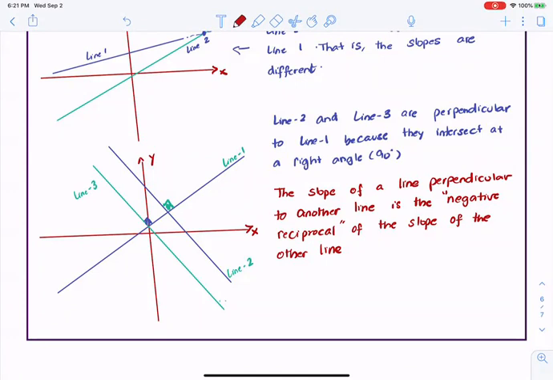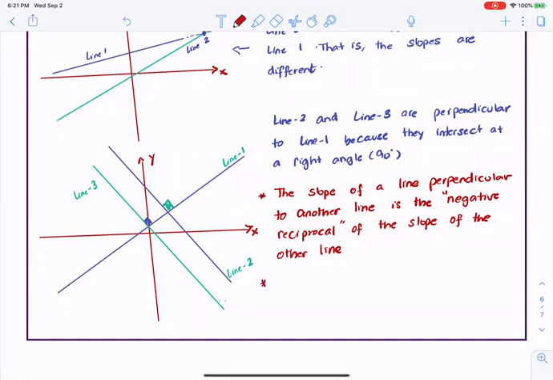But all you have to realize is if line 1 has a slope of 2, the line perpendicular to it would have negative 1/2 as its slope. In other words, take the negative of that 2, and you take the reciprocal of negative 2, you get -1/2. So that is something that we have to keep in mind.